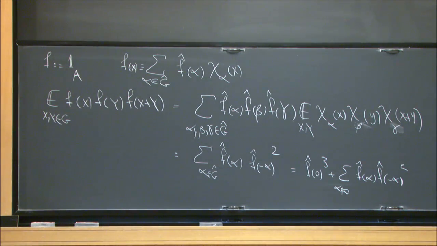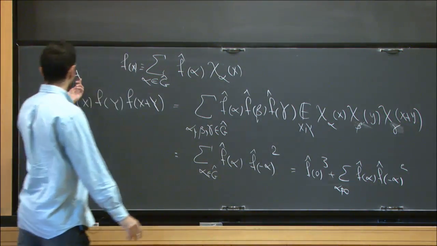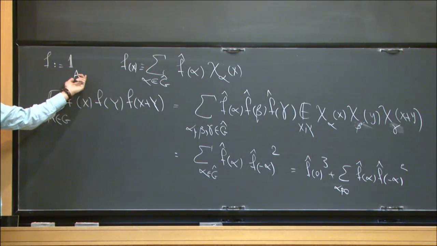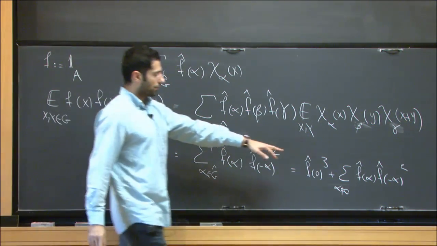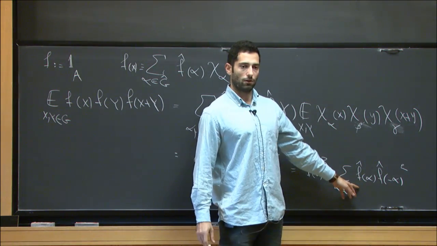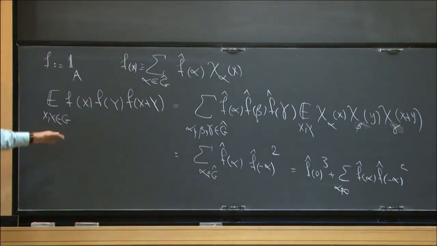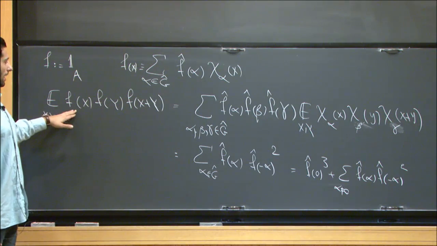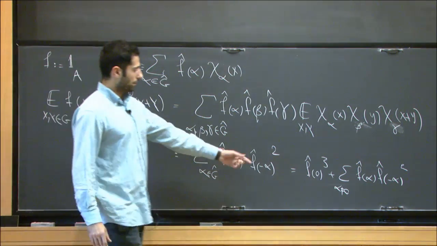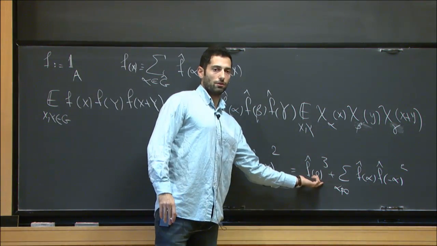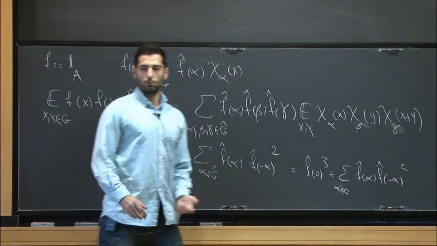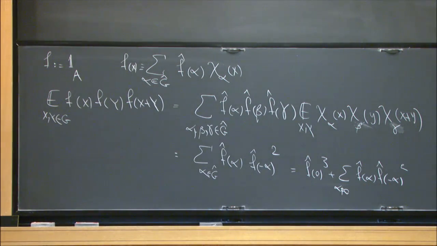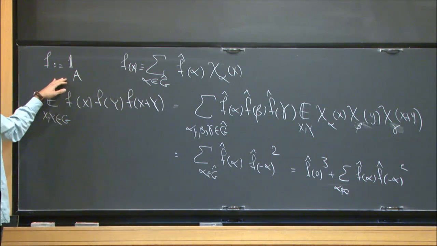So what does this tell me? So this tells me that if A is a set such that all the non-zero Fourier coefficients are really small, then the number of triangles in my set A is going to be roughly equal to f hat 0 cubed, which is what you would expect in a random subset of the same density as A. Right.